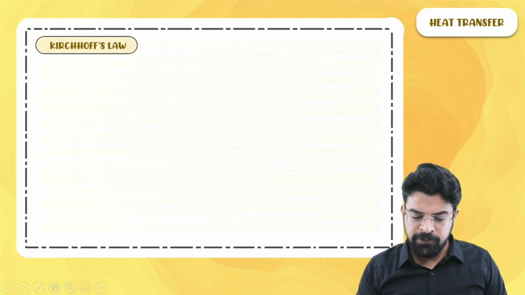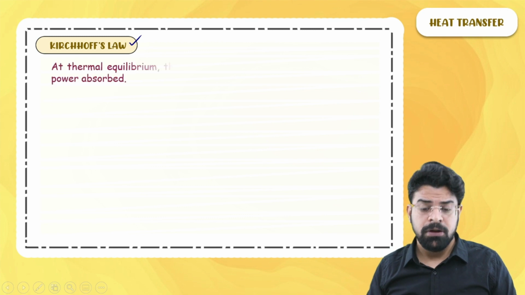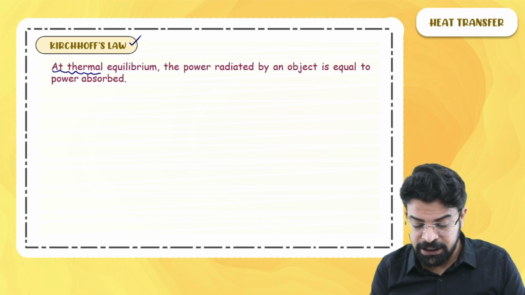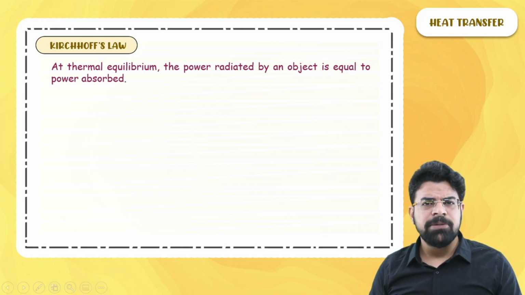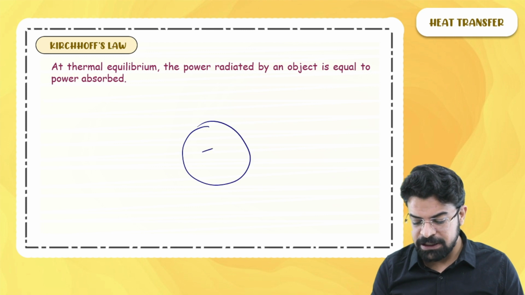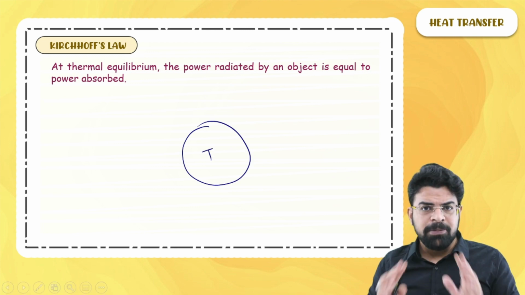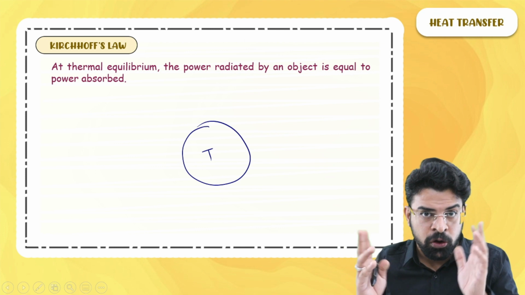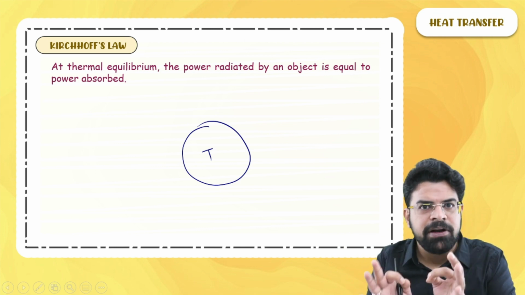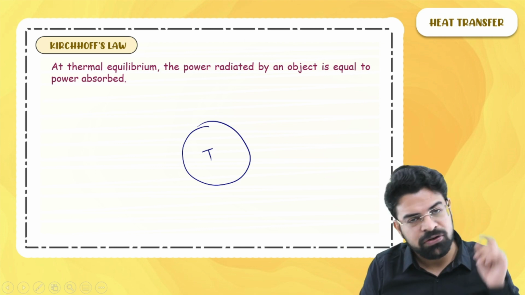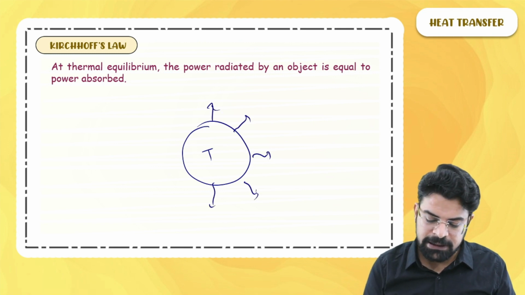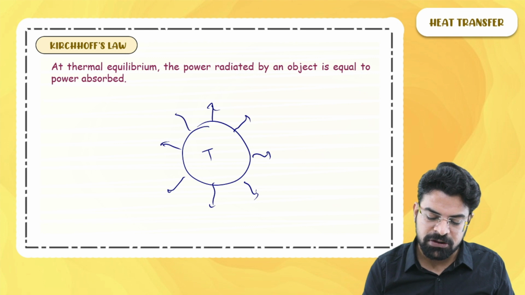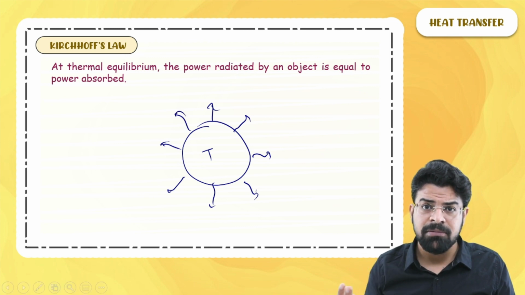Now we will talk about Kirchhoff's law. If you have an object at thermal equilibrium, the power radiated by the object is equal to the power absorbed. What is the meaning of thermal equilibrium? It means that its temperature is neither increasing nor decreasing. And we know that every object above 0 Kelvin radiates. So this object at temperature T must be radiating. But the temperature of this body is constant, just like everything in real life.